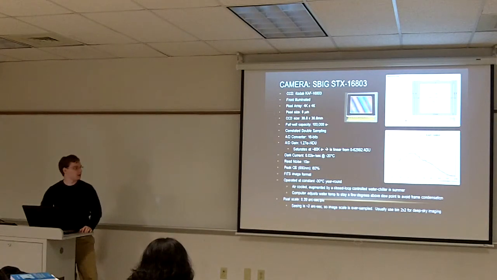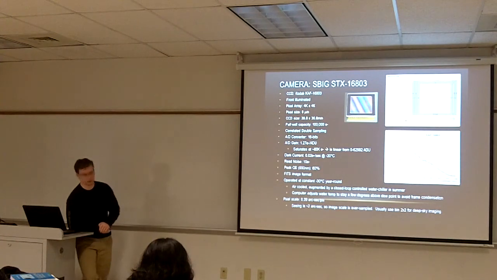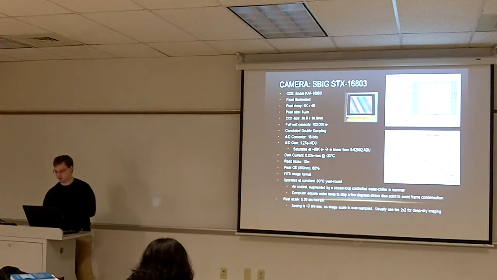It's a 4K by 4K front-illuminated, typical CCD camera. There's a whole bunch of information about quantum efficiency, and I'm focusing mostly on the luminance band, which is around 500 nanometers.